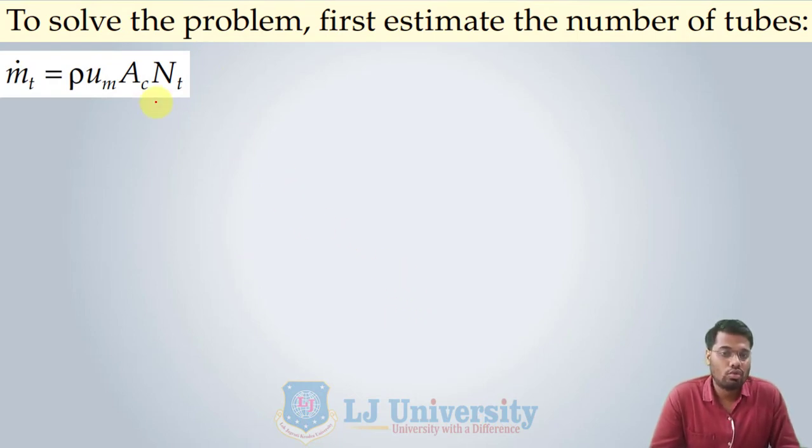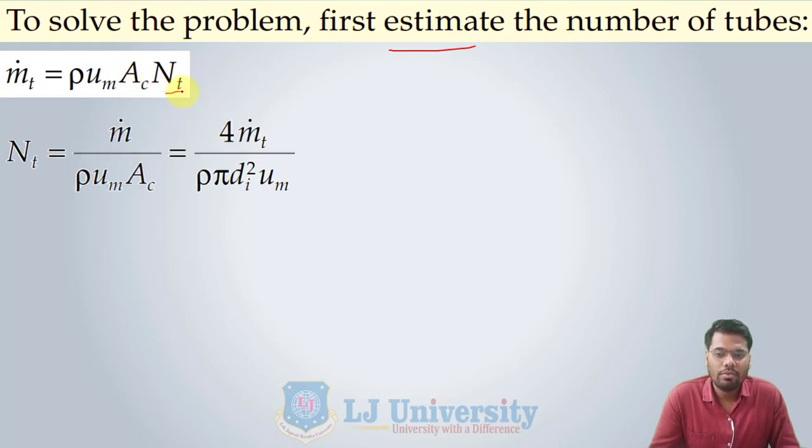First we need to solve this problem. First we need to estimate the number of tubes. From the mass flow rate we can easily calculate the number of tubes by using this equation. The number of tubes would be mass flow rate divided by density times velocity times cross sectional area, which is pi by 4 d square.